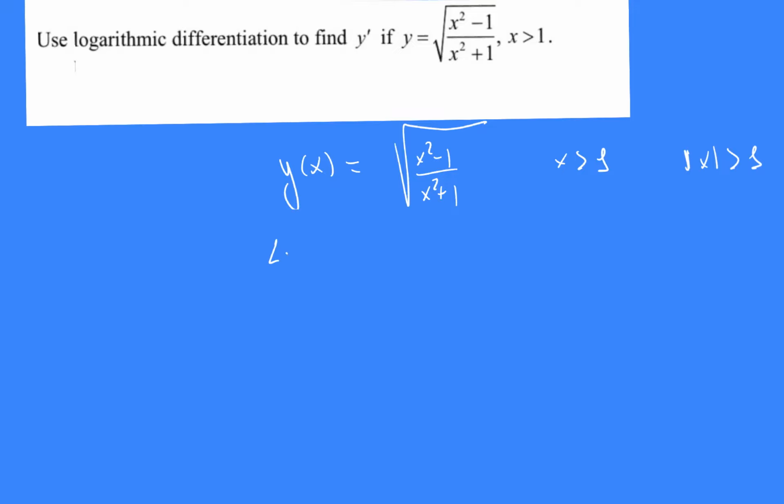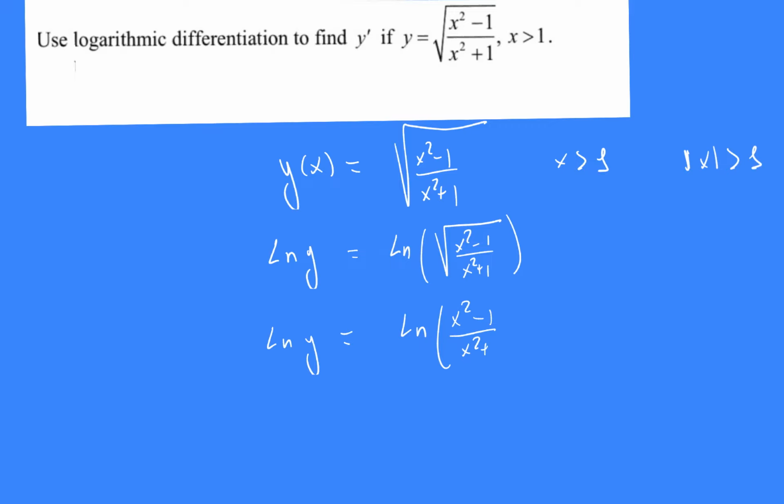So if we take the logarithm both sides of the equation, what will happen? The natural log of y will be the natural log of the square root of this function. I can place the natural log of y like the natural log of x squared minus 1 divided by x squared plus 1 raised to the power 1/2.